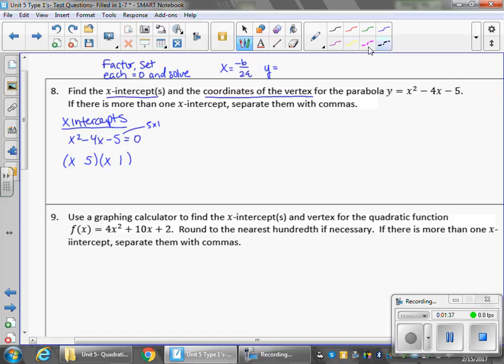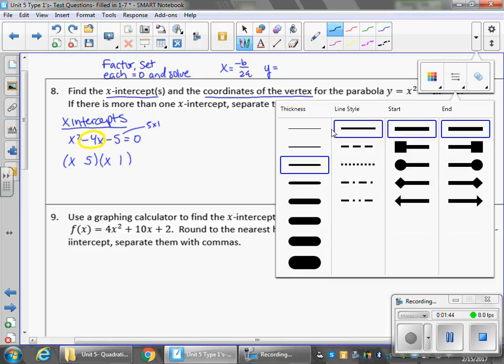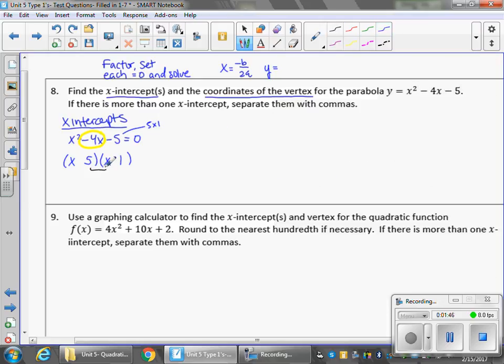Now, I need to check, does inner plus outer equal middle? So inner plus outer, that's going to be 5x and 1x. Now, we need those to combine to be a negative 4x. So which one needs to be negative? The bigger value. Negative 5 plus 1 is negative 4. So I need a minus 5 and a plus 1, and that equals 0.